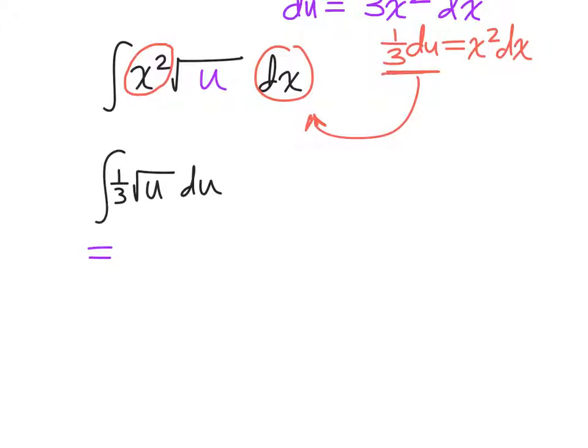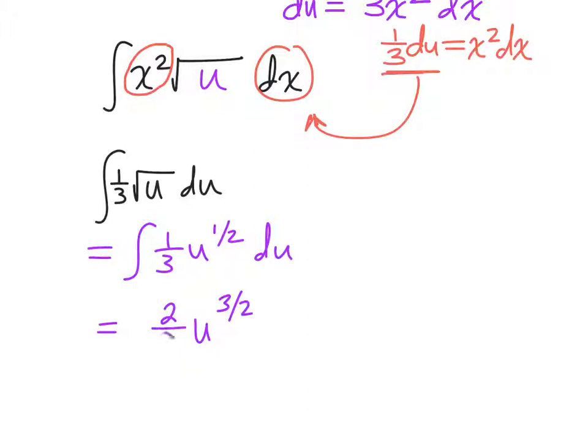But anyway, I'm going to clean it up. 1/3 u to the 1/2 du. I'm going to increase my exponent by 1, so u to the 3/2, and divide by my new exponent. So when I take 1/3 and divide it by 3/2, that's the same as saying 1/3 times 2/3. So that's 2/9 u to the 3/2 plus c.